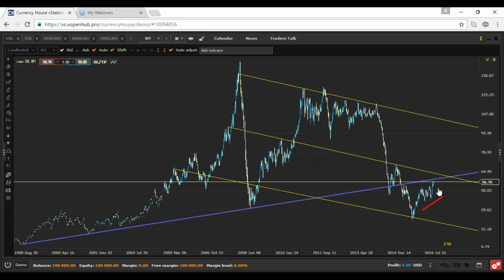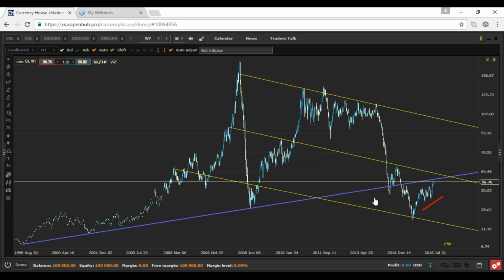Of course, it seems like the price of oil is heading to break this level, and it has everything it needs in order to break it. But until the prices are below those two lines, we're still in the downside trend, in case we talk about long-term positioning.